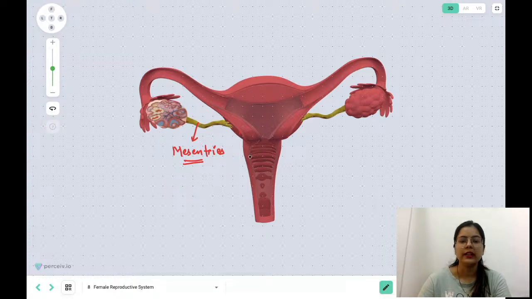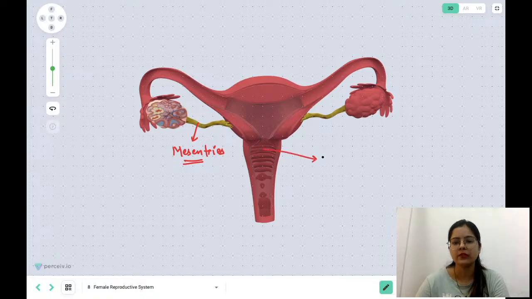All right. Then this part, this region becomes your uterus. The main important part for it is, uterus is one such component which is meant for blastocyst implantation.